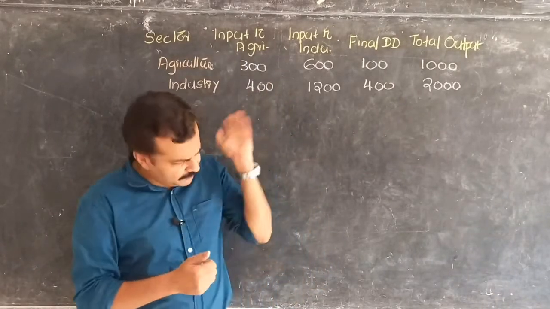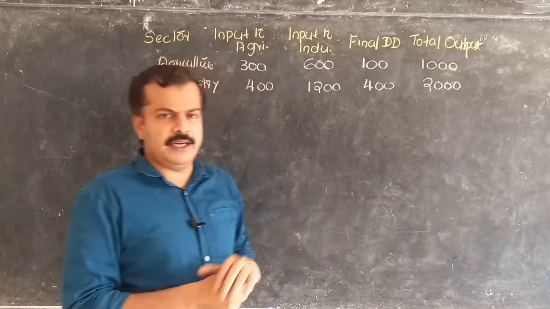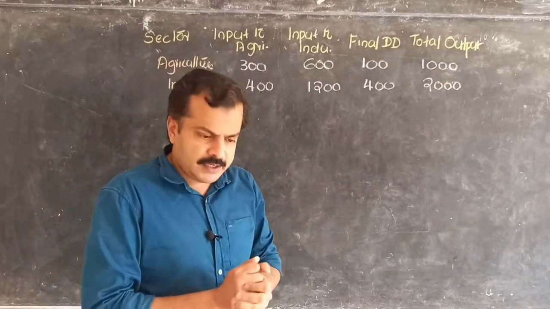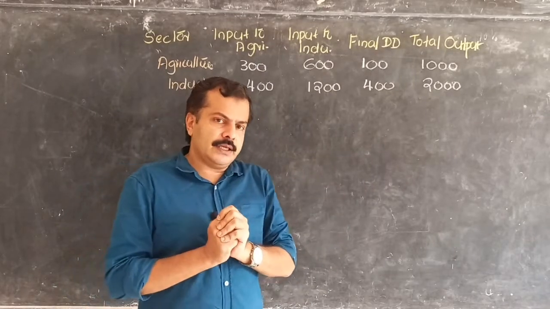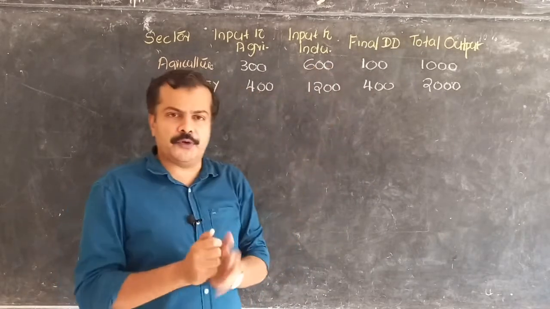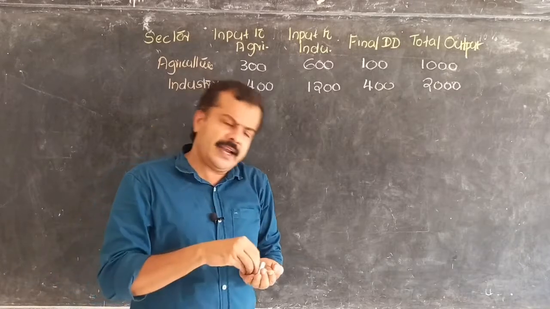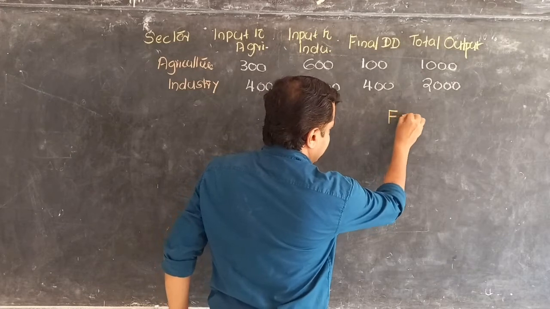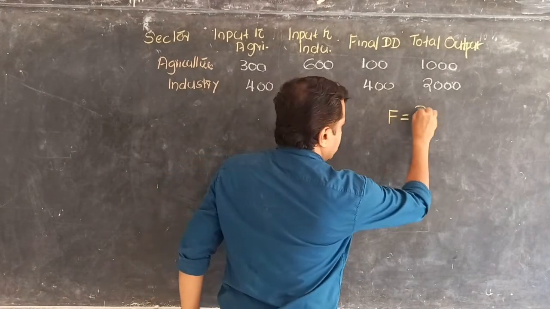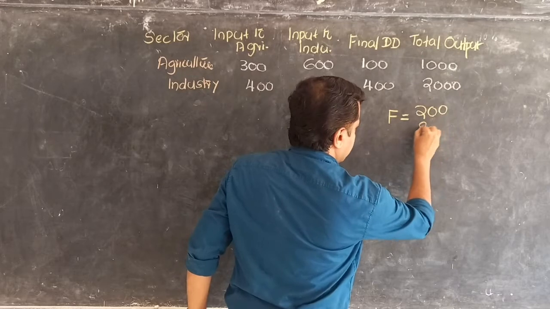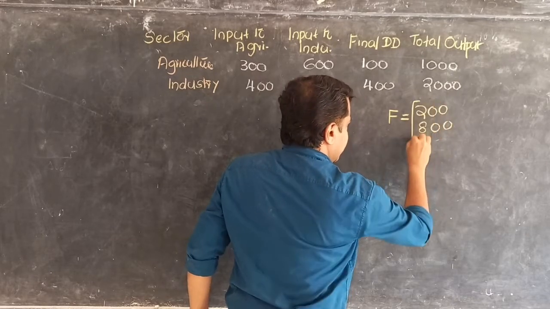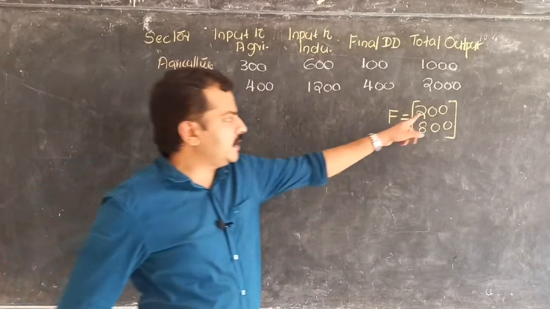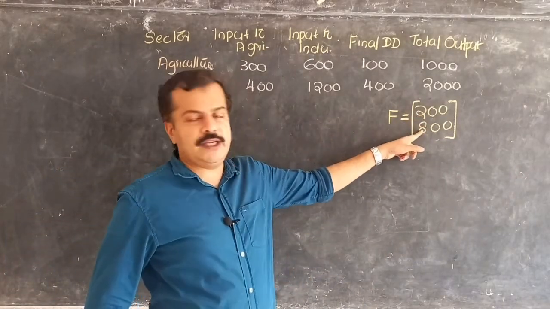Now, given this flow table with all those identities and balancing equations, suppose that we are given a task to calculate the gross output to meet a new final demand. Let us say that we have a new final demand vector F equals 200 and 800, so F1 is equal to 200 and F2 is equal to 800.